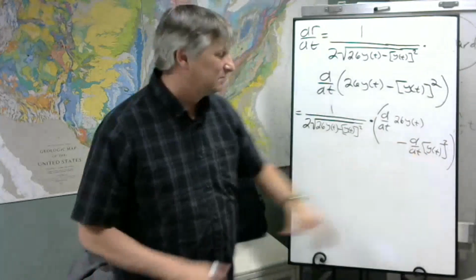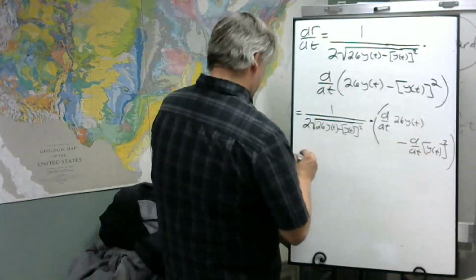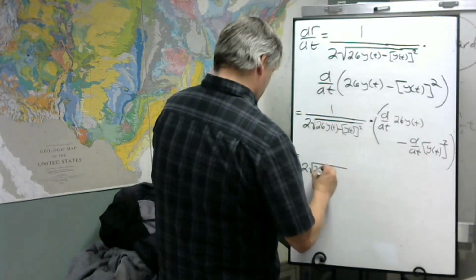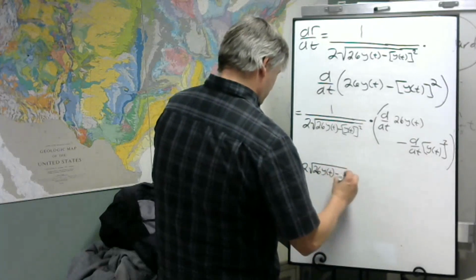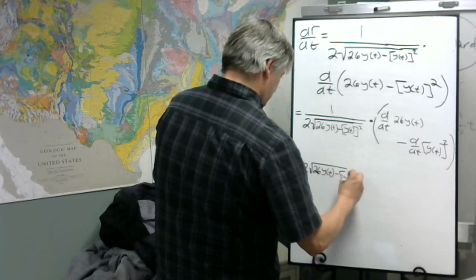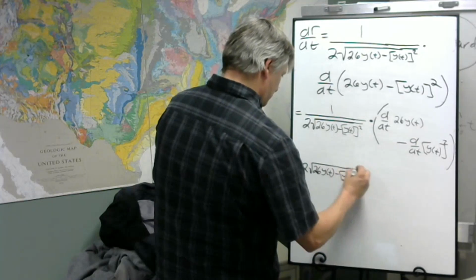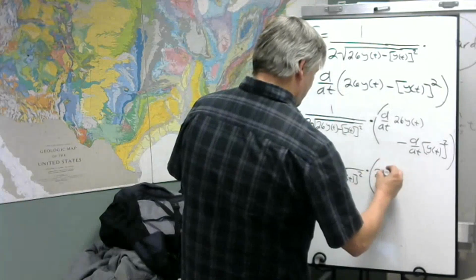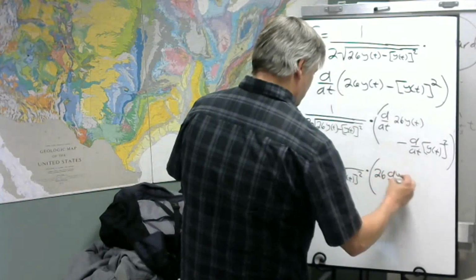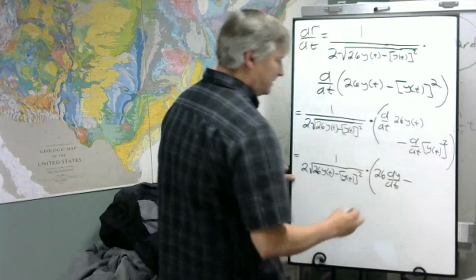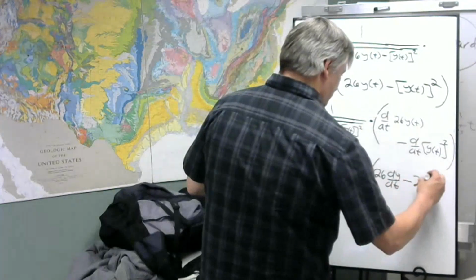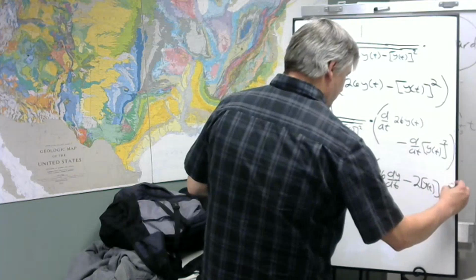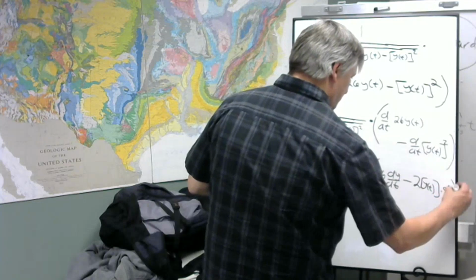This is the chain rule. So what we'll get is 26 dy/dt minus that square function on the outside, and then the derivative of the inside function.